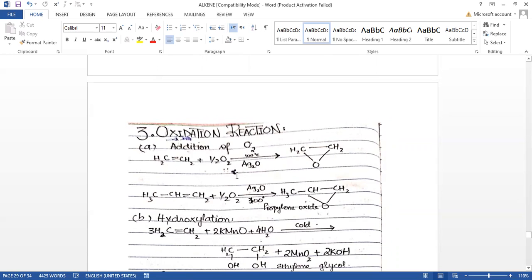But in the case of addition of oxygen, an epoxide can also be produced.